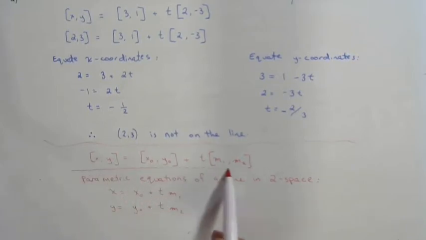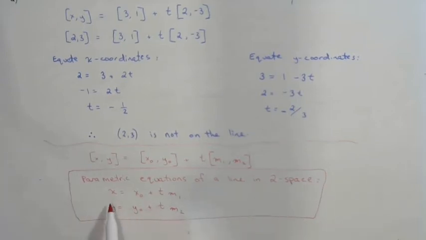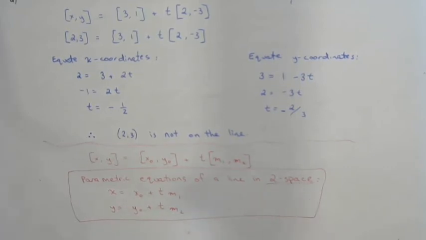Okay, these are our parametric equations of a line in 2 space. These allow us to split up or build any position vector based on its x component and its y component, which is why it's in 2 space. And again, t has to come from the set of real numbers.